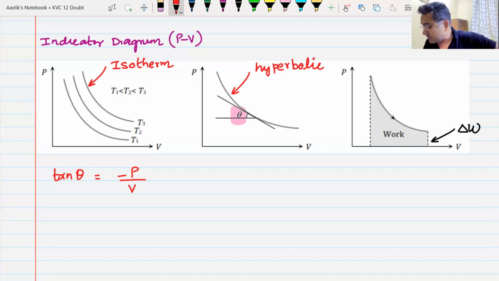The slope M is given by minus P by V. It can very easily be proved; we don't have to go into that detail because it's just not important. P into V is constant, we differentiate it and we get the values.